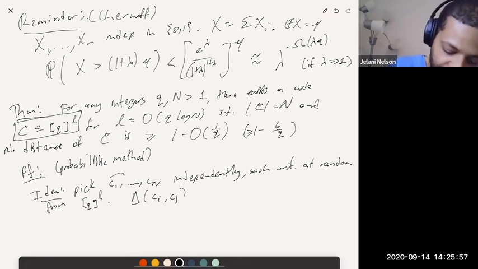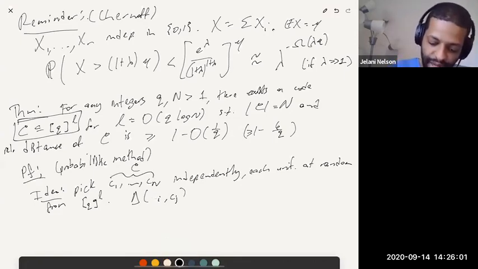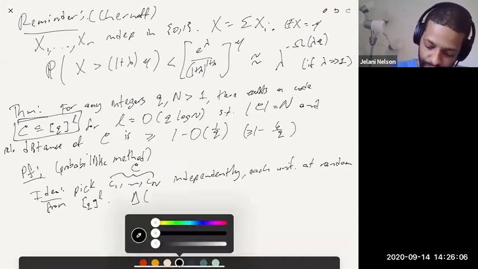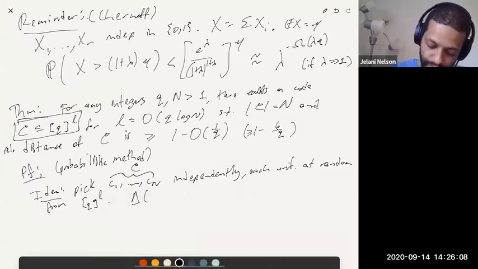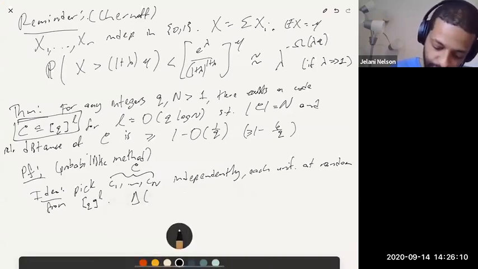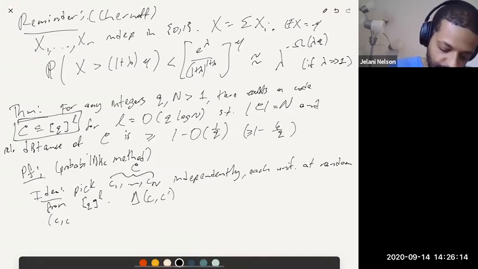By the way, this collection I'll just define to be C. I'm going to use indices for other things too, so let me just call them C and C prime, some arbitrary different things in the code.